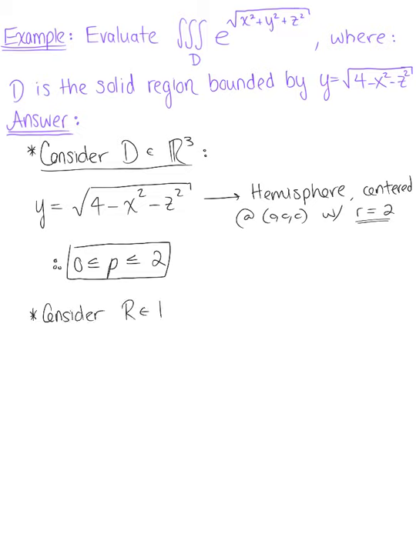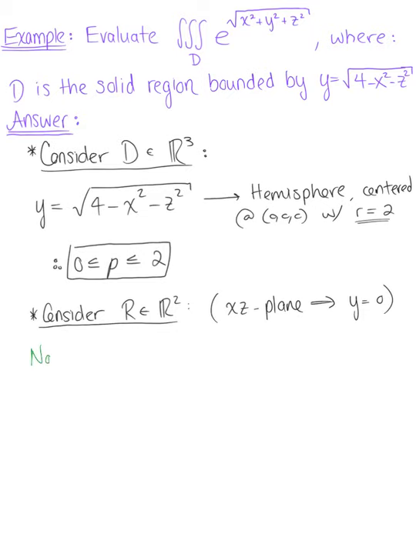So we want to consider the two-dimensional region R in R2. Here, instead of being in the xy plane, we're going to consider what this projection looks like in the xz plane. So if it's in the xz plane, we're going to let y be equal to 0.